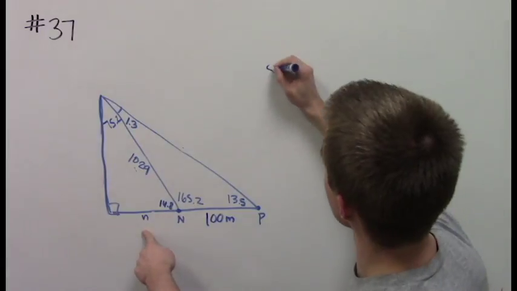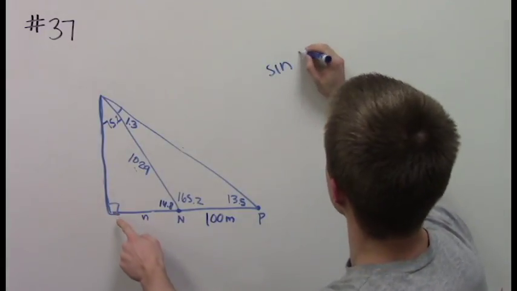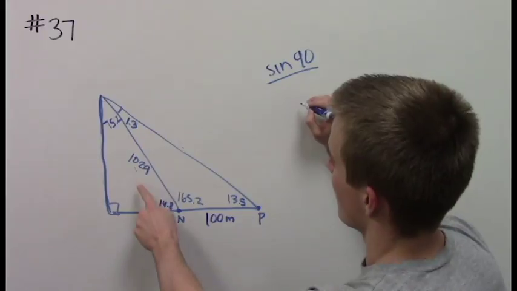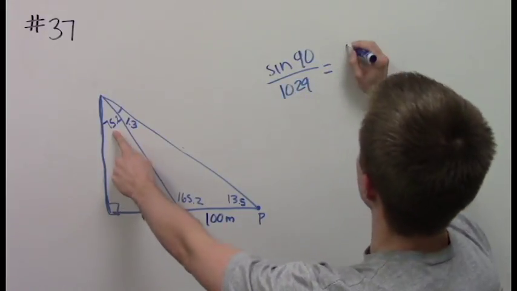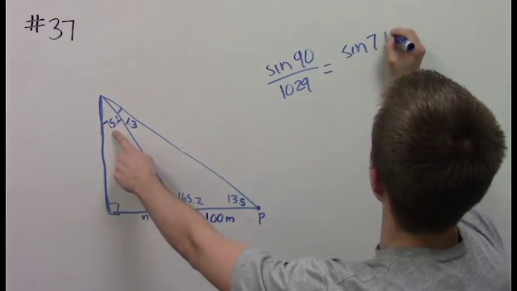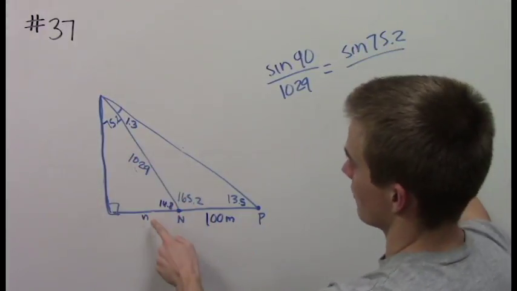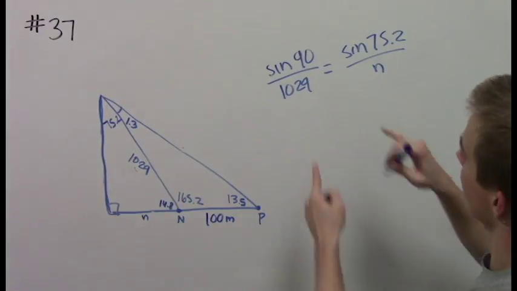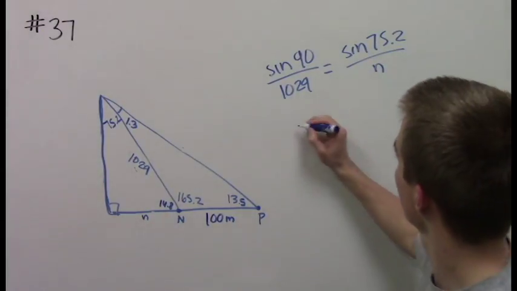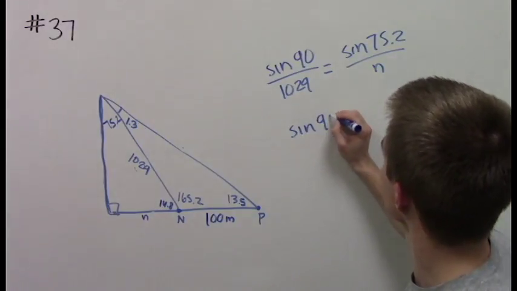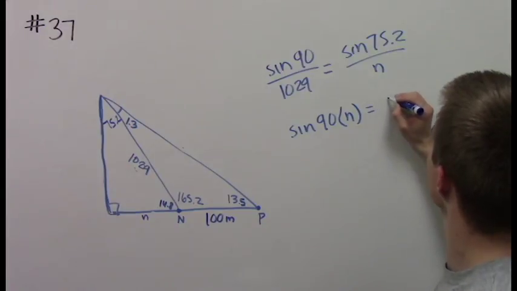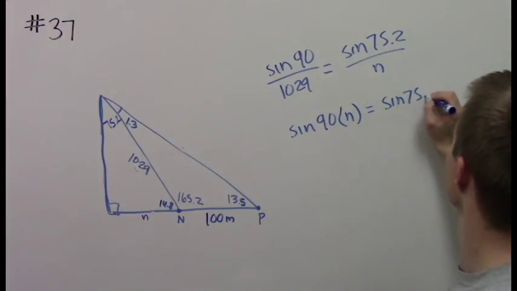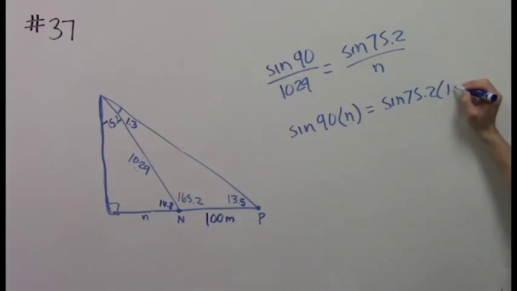Now that we have that angle, we can do the same trick that we used with this triangle to solve for n. So we're going to take the sine of 90, which is just 1, and put it over this length, 1029, is equal to the sine of 75.2 over this length, n. Now we multiply the n across, multiply the 1029 up here, and we get the sine of 90, which is just 1, times n is equal to the sine of 75.2 times 1029.